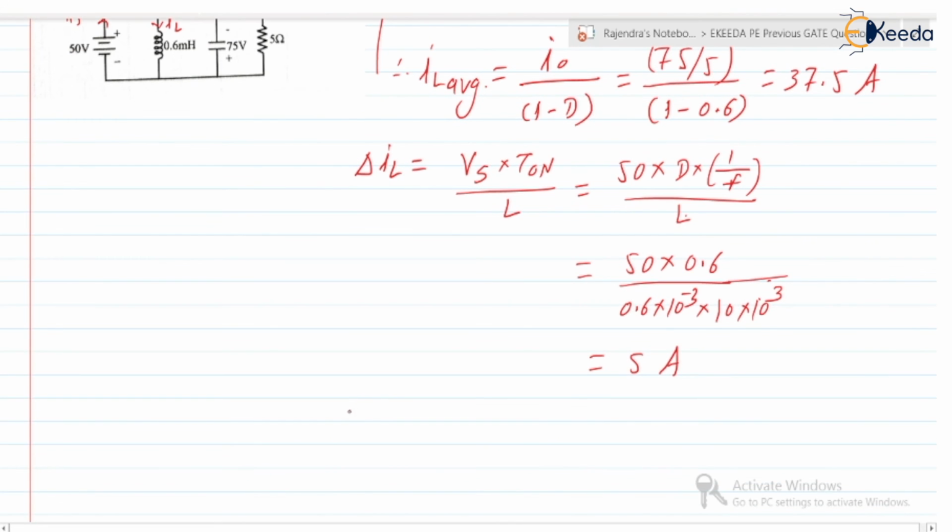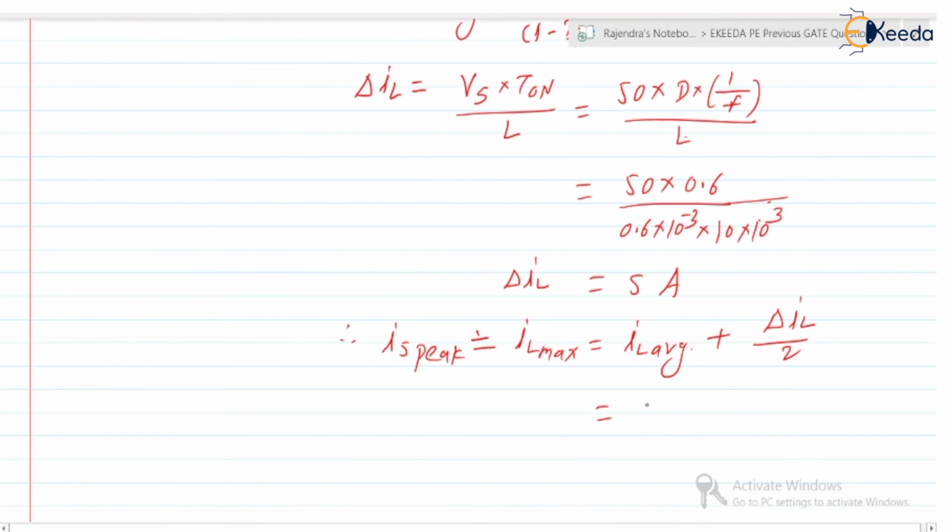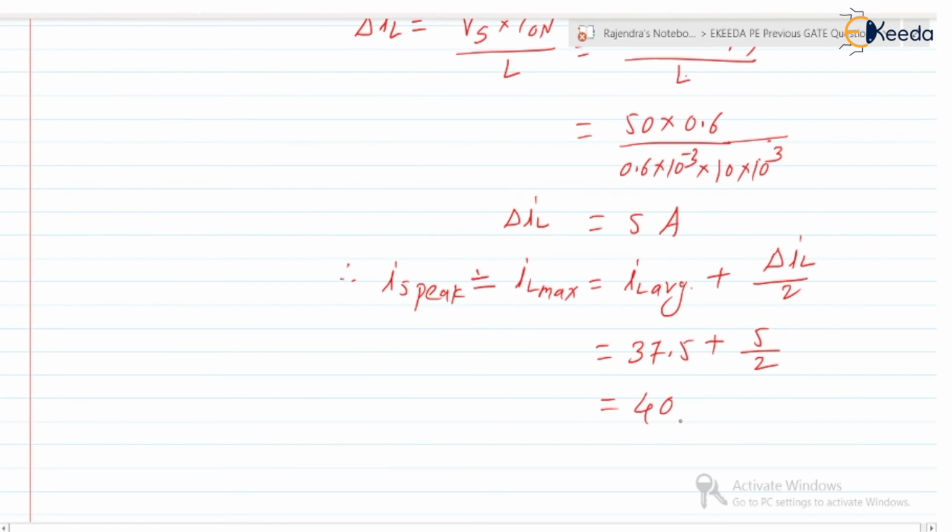Therefore IS peak, which is equal to IL max, is equal to IL average plus delta IL by 2. IL average is 37.5 plus 5 by 2. It will be 40 ampere, the peak value of the source current.